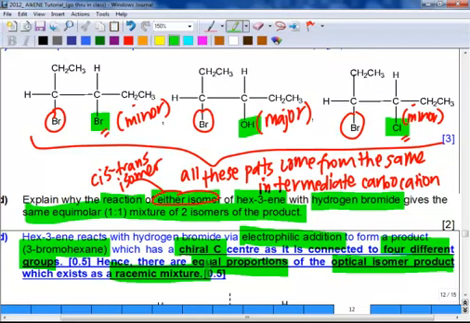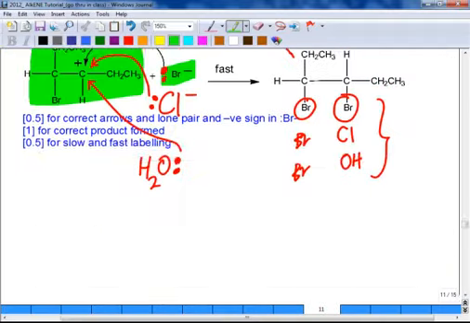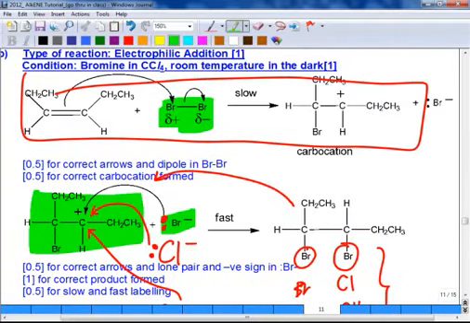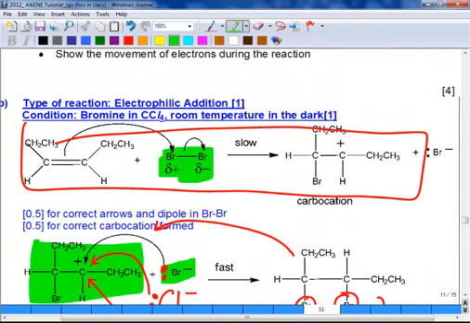For electrophilic addition mechanism, the intermediate is always what? Always a carbocation. Correct? Remember, radical as an intermediate is only in where? Free radical substitution. So, recap again. For your electrophilic addition, your intermediate must be a carbocation. This one is the main thing you need to take note of.